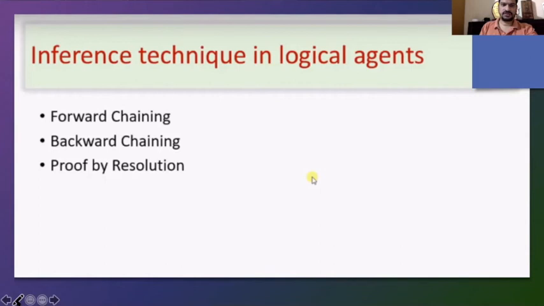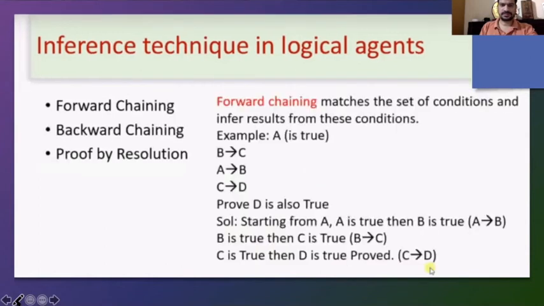Now let's understand these inference techniques in first order logic. The first inference technique is called forward chaining. What is forward chaining? Forward chaining matches the set of conditions and infers results from these conditions.